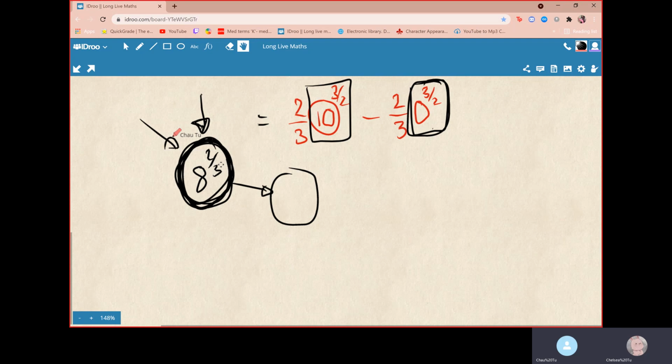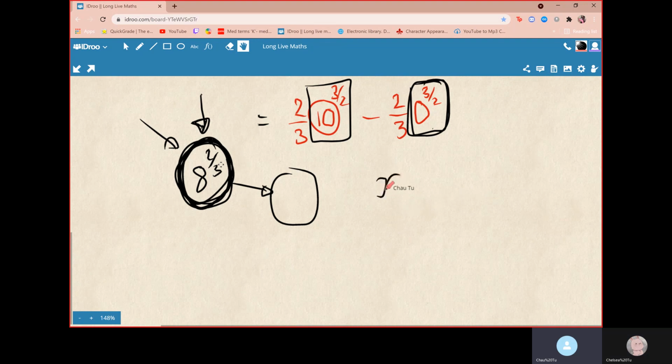Yeah, but simplify it. Because at the moment, you don't know. On the number line, where is it? 26 over 3, the mixed number. No, it's not, Chelsea.